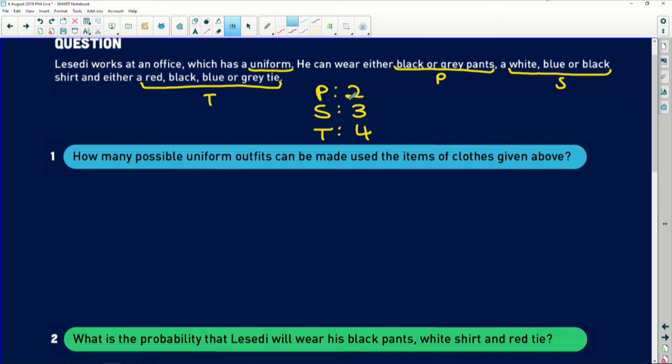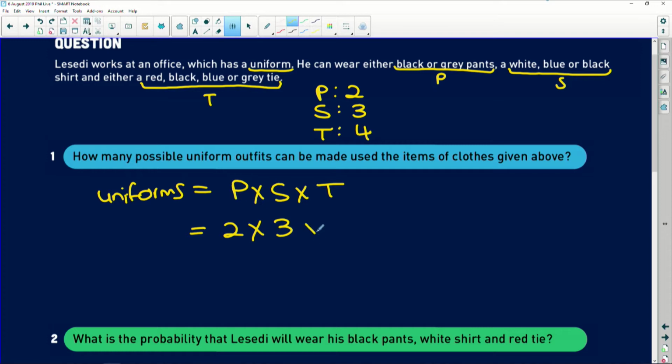Now remember, when you have different categories and it says nothing about repetition or whether or not you can repeat clothing or colors or whatever, you take your categories and you multiply the options by each other. So the number of possible uniforms equals the number of pants options multiplied by the number of shirt options multiplied by the number of tie options, which is equal to 2 different colored pairs of pants, 3 different colored shirts, and 4 different colored ties.